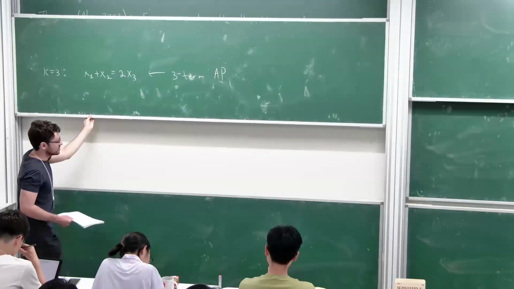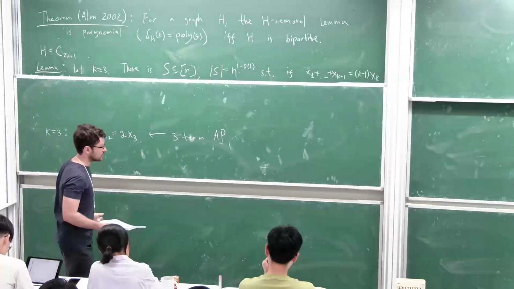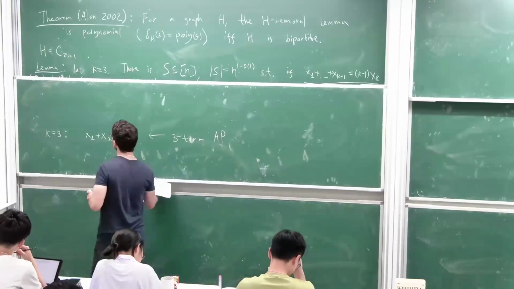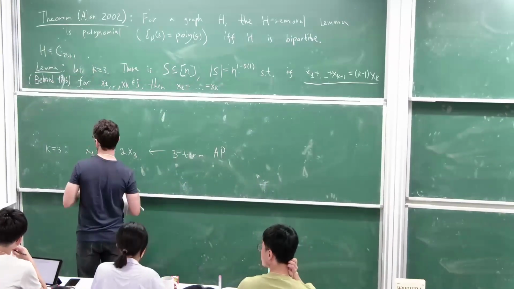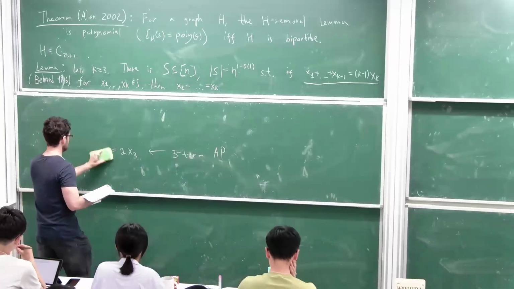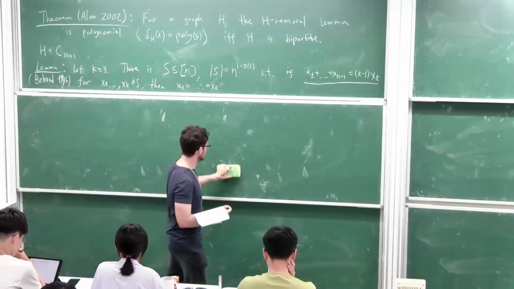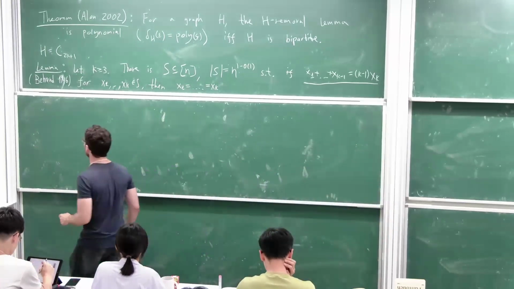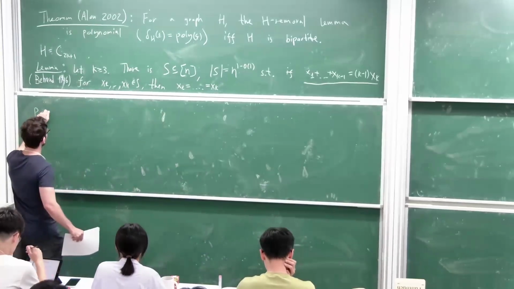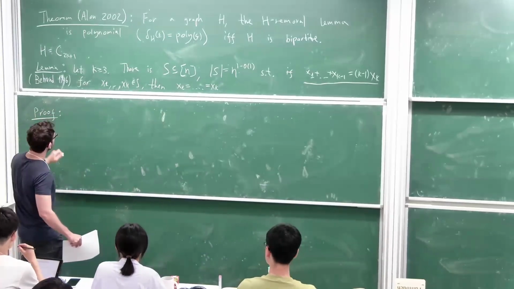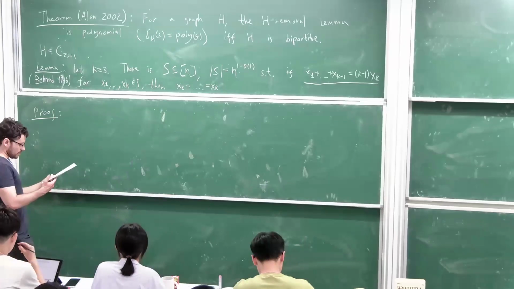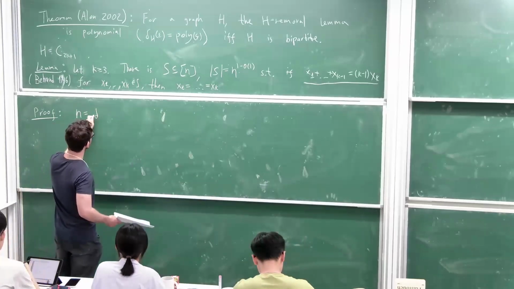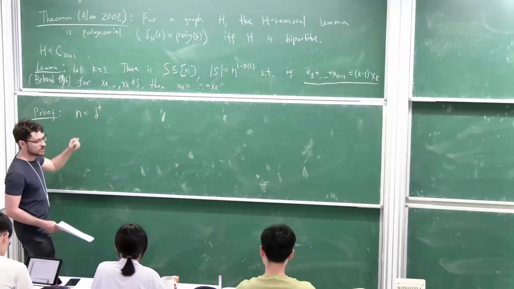Let's see the proof. So the first idea is that we will write n as t to the power d, so we will choose t and d together.